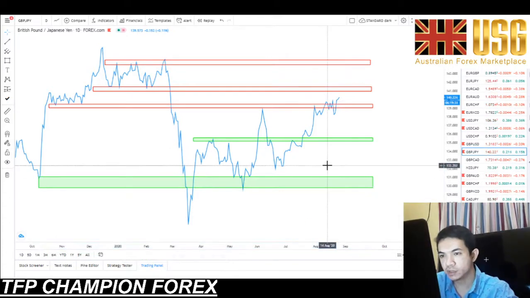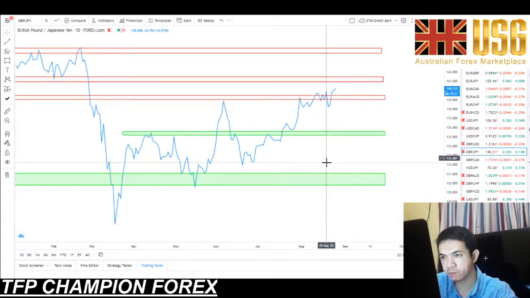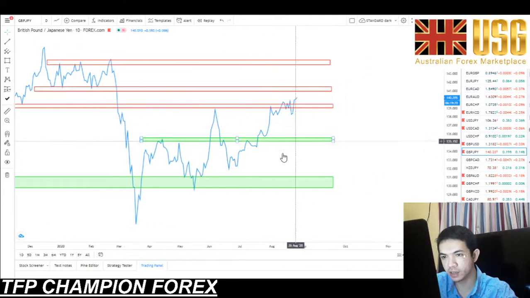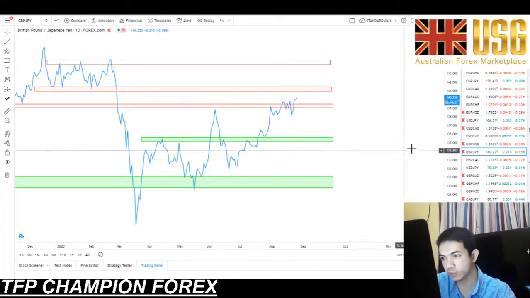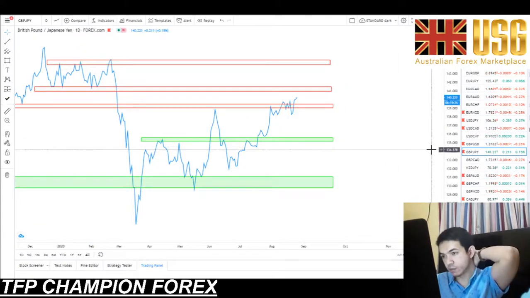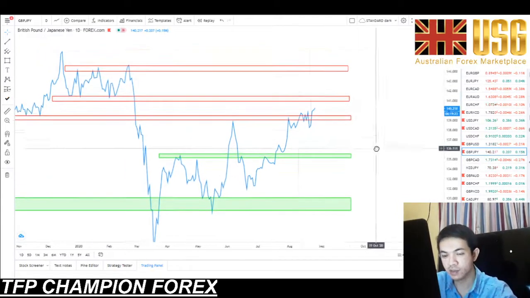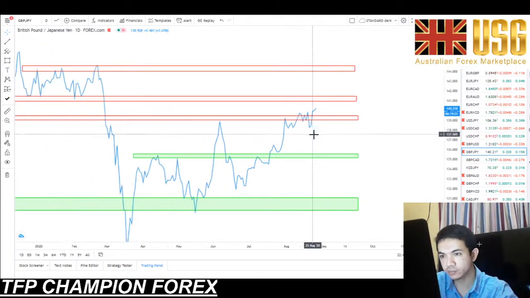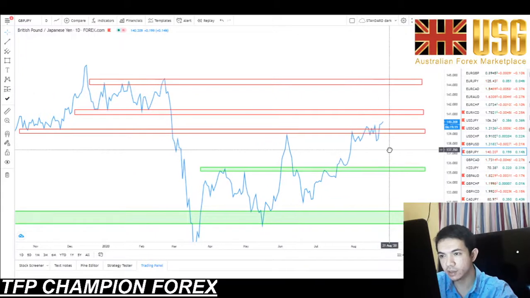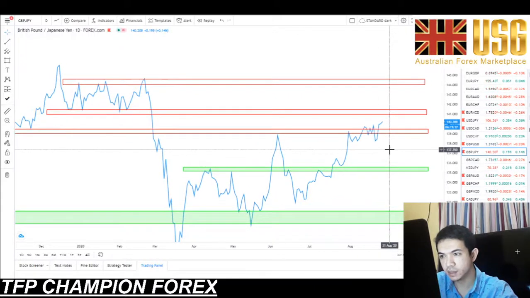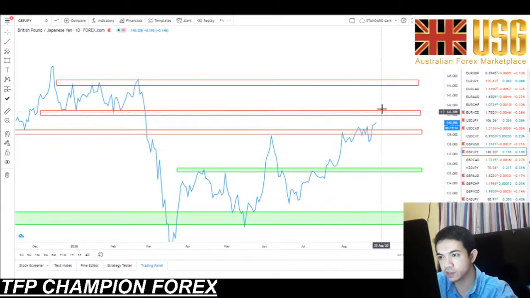All right, so these are my zones, support and resistance. Again, the green zones represent my support and the red zones represent my resistance, right? So I know now that the price is heading towards the next resistance level or zones.